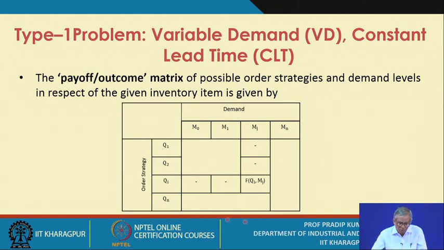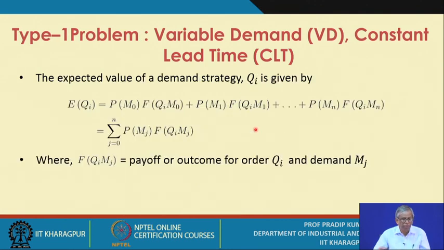That means with all possible sales you first determine f Qi Mj. So i varies from 0 to n, and j varies from 0 to n. Now we are considering variable demand and constant lead time case. This is a very standard problem.